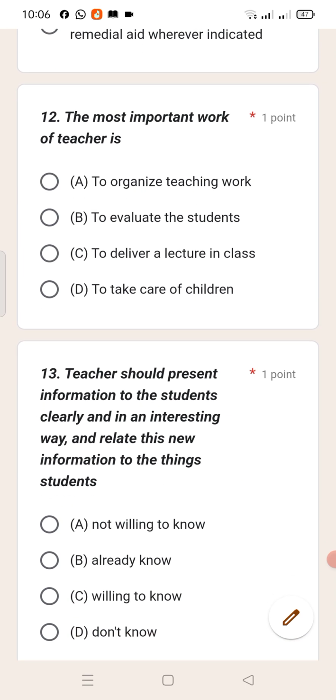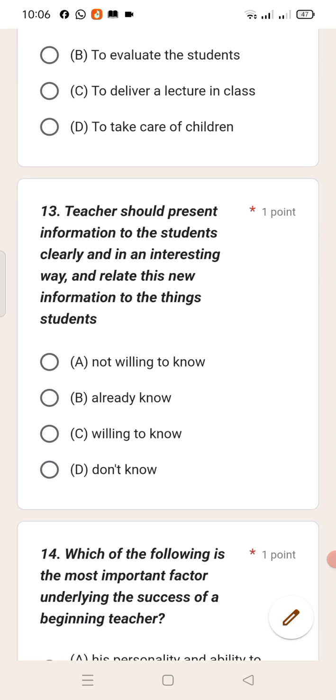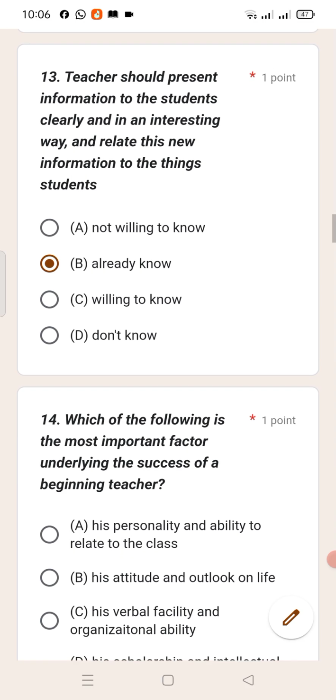The most important work of teacher is, इसमें to organize. I think correct option. Teacher should present information to the student clearly and in interesting way and relate this new information to the things students already know. बहुत ही popular MCQs है ये.